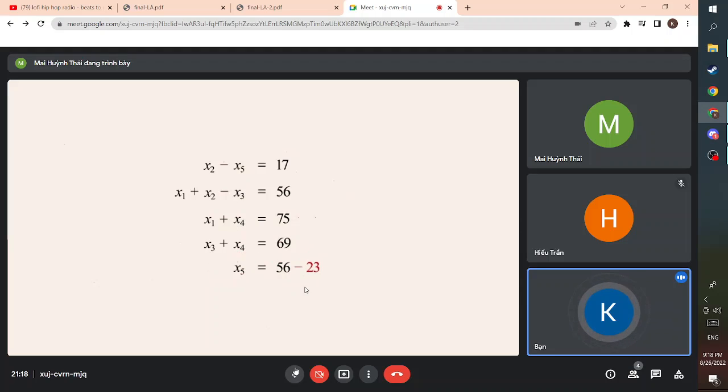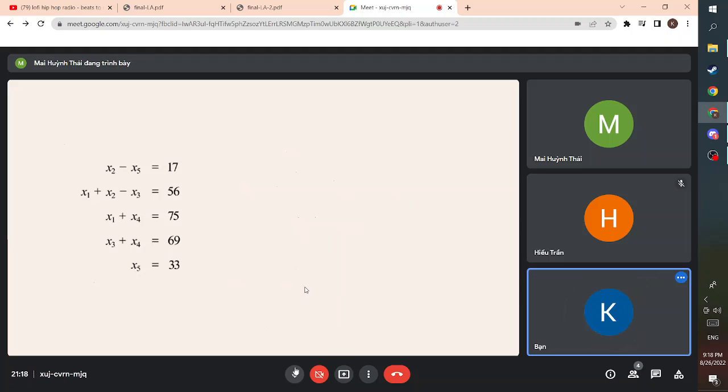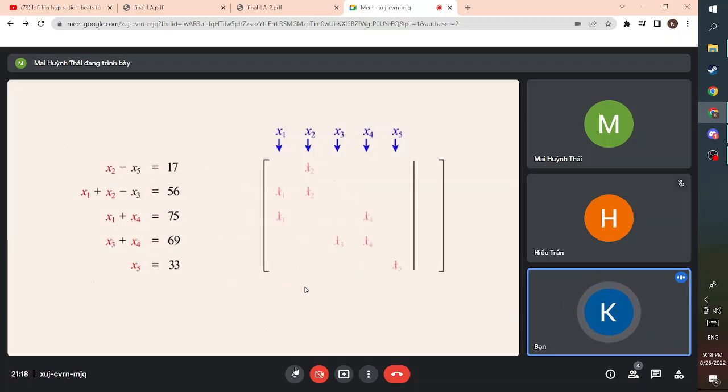So the system of five linear equations can now be put into matrix form. This matrix is relatively simple since the variables in the equations all have a coefficient of 1 or negative 1. The remaining matrix entries to the left of the vertical line are 0.